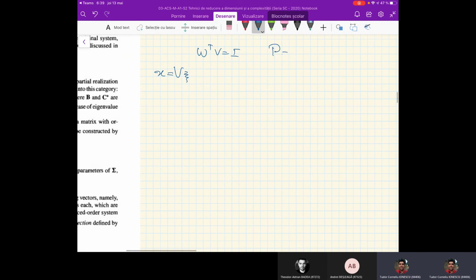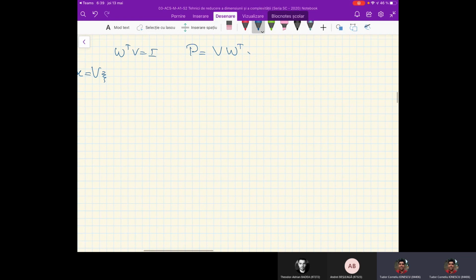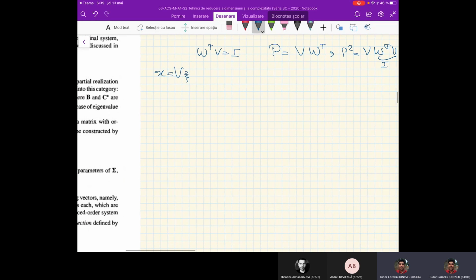That's because the projection P, which is V W transposed, satisfies the property that P squared, which is V W transposed V W transposed, equals, since W transpose V is the identity, V W transposed. So P squared is P, and P is a projection indeed.